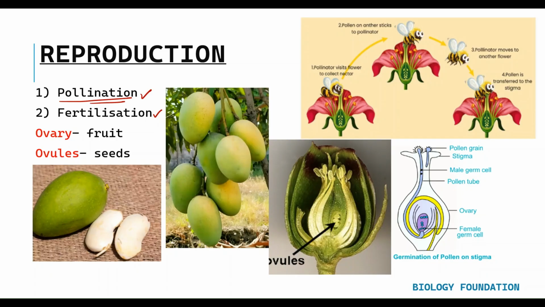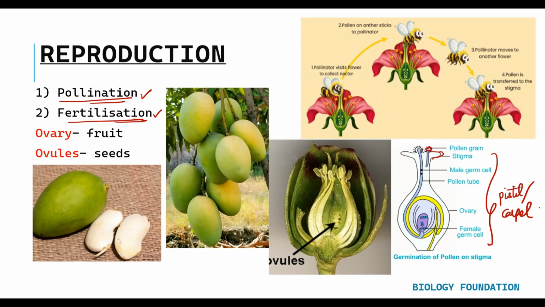So, after pollination, the next event is fertilization. What is fertilization? Fertilization happens when the pollen grain lands on the stigma. Okay, if you see, this is the structure of pistil or carpel, right?